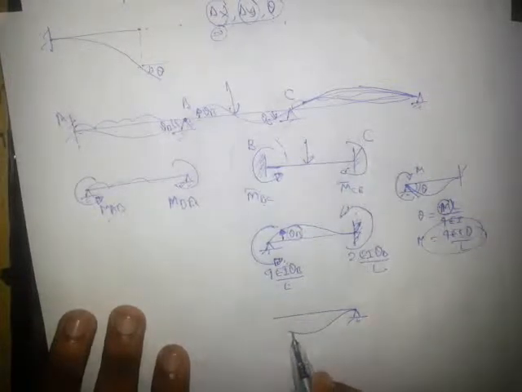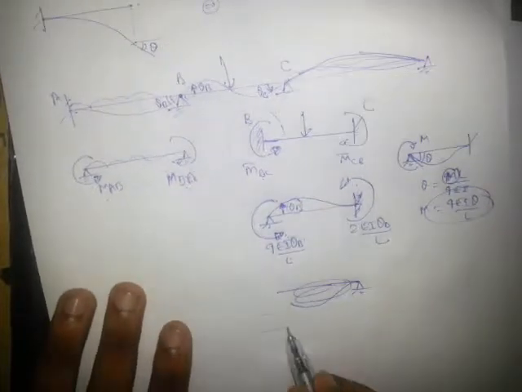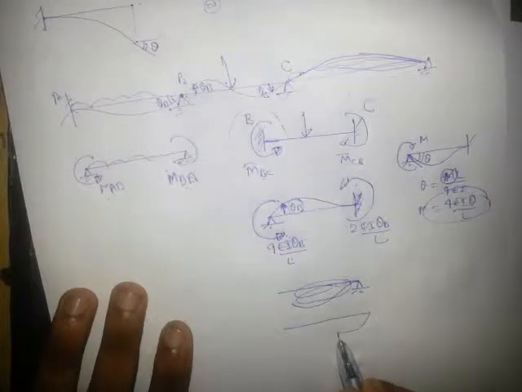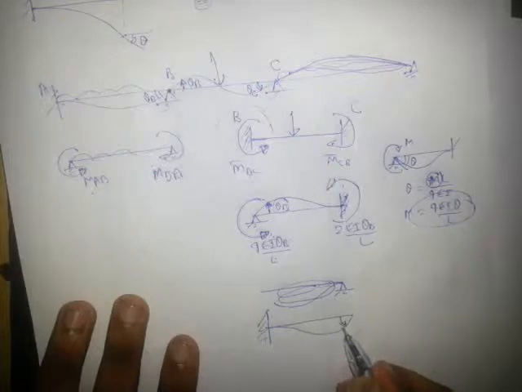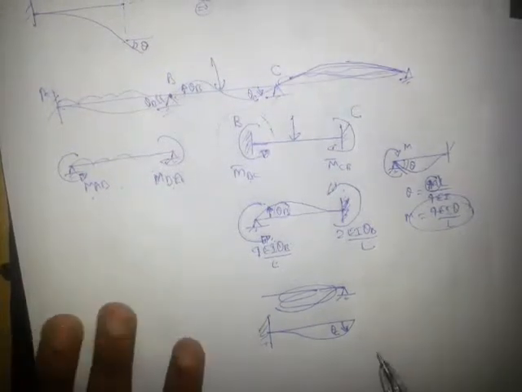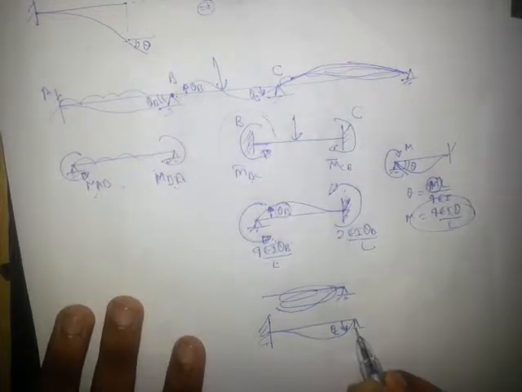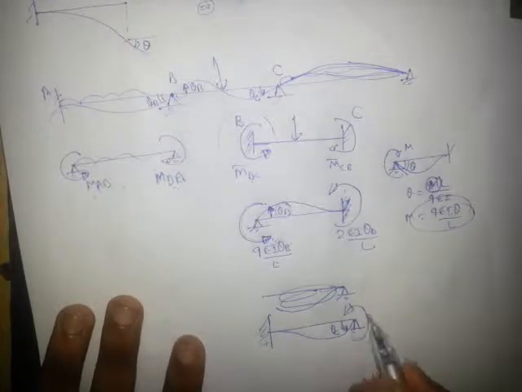There is theta here, and here also there is theta. So assume now the far end fixed, and here also there is theta C. Since it is theta C, how much moment have I applied?